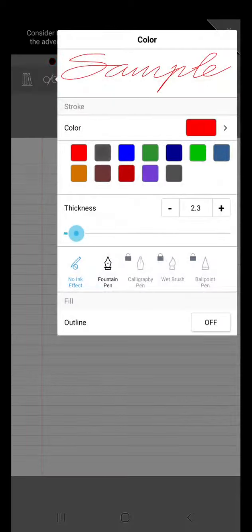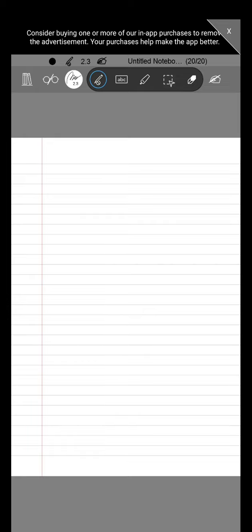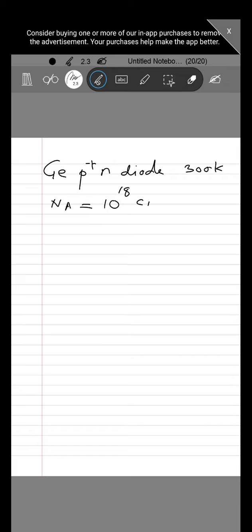Now, suppose we have a germanium P plus N diode. P plus N stands for the P side being heavily doped, and it is at 300 Kelvin. The acceptor concentration is 10 to the power 18 per centimeter cube, and the donor concentration is 10 to the power 16 per centimeter cube.